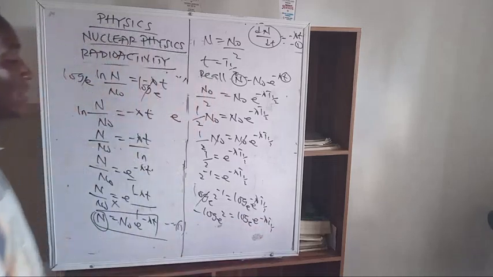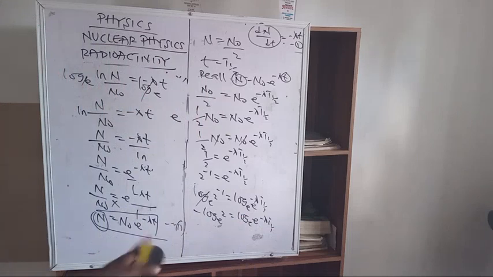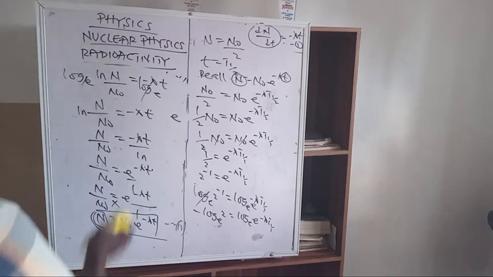If the minus has gone, and e has gone to that side too, my final value is log e 2, because the minus and the other minus will go away if you apply the laws of logarithm.